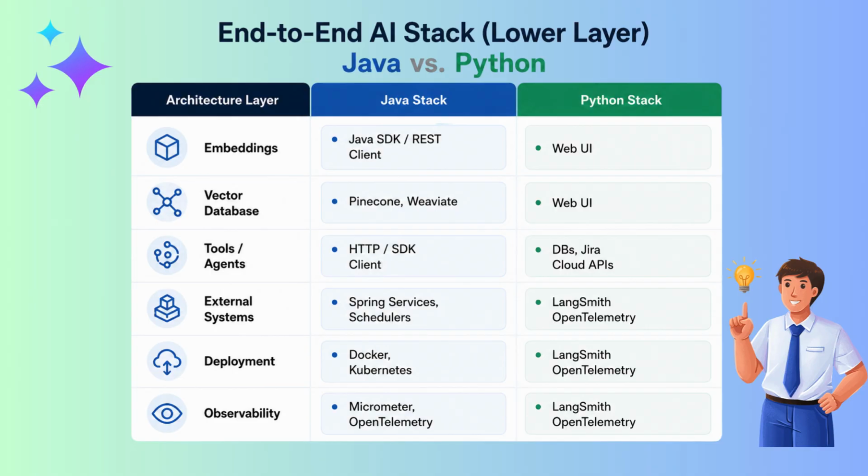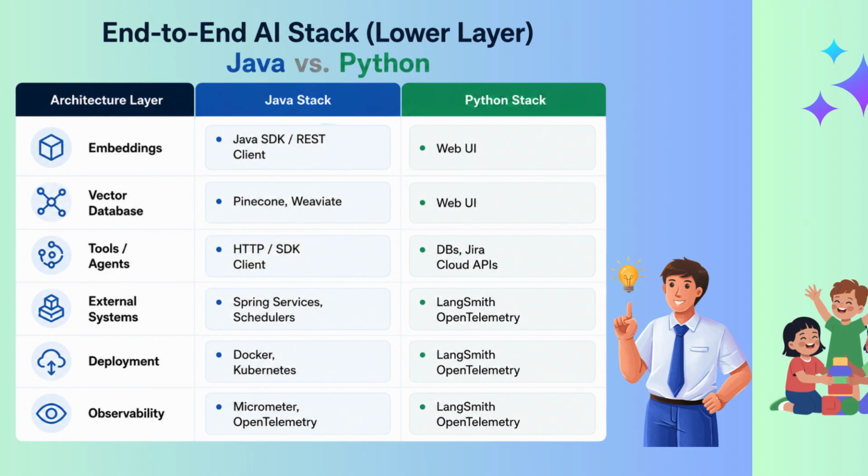Nothing changes here. Finally, notice deployment and observability. Docker, Kubernetes, OpenTelemetry, same DevOps rules apply here. The key takeaway, AI changes how we reason, not how we operate systems. Upper layers control intent, lower layers run production. Together, they form the full AI stack.